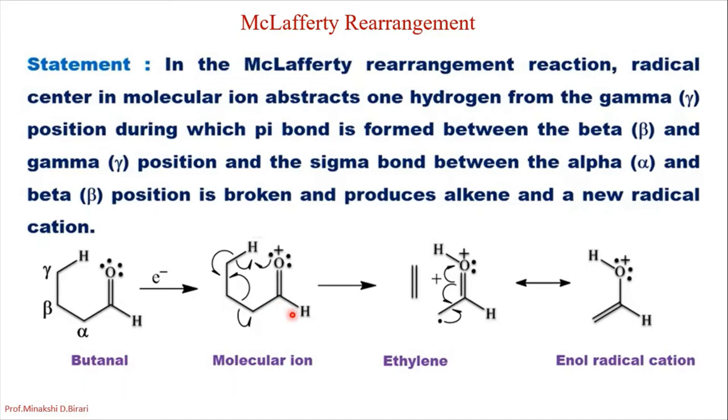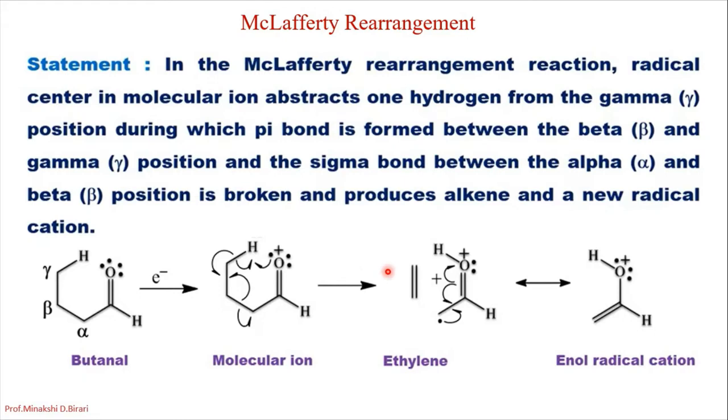Such a rearrangement involves the transfer of hydrogen from one part of the molecular ion to another, preferably via a six-member cyclic transition state. This process is favored energetically because as many bonds are formed as are broken.